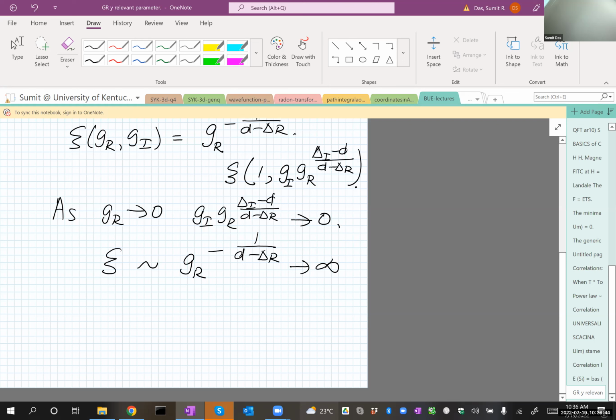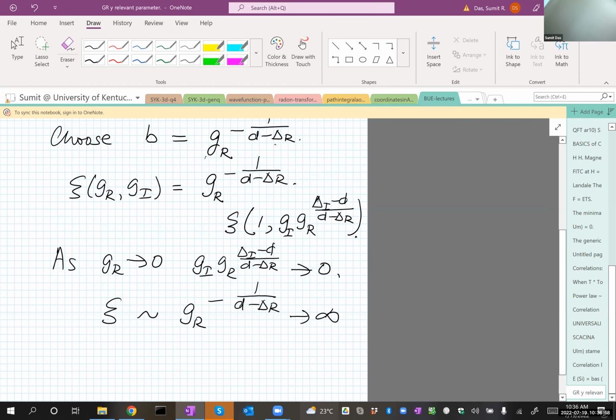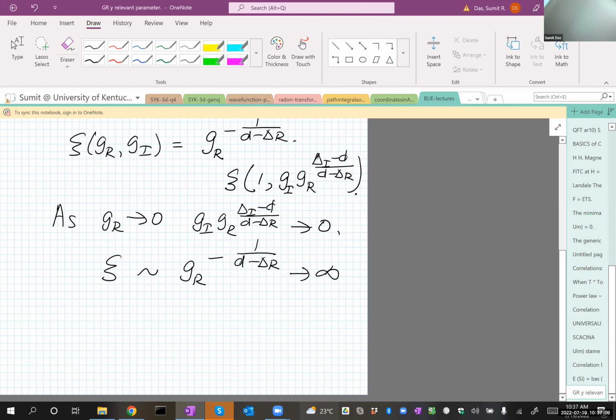I said a critical point is characterized by an infinite correlation length because the correlation function becomes a power law. And in this discussion, it appears a critical point must be described by this quantity GR going to 0. But see something very interesting. So long as I take GR to 0, it doesn't matter what the values of GI are.